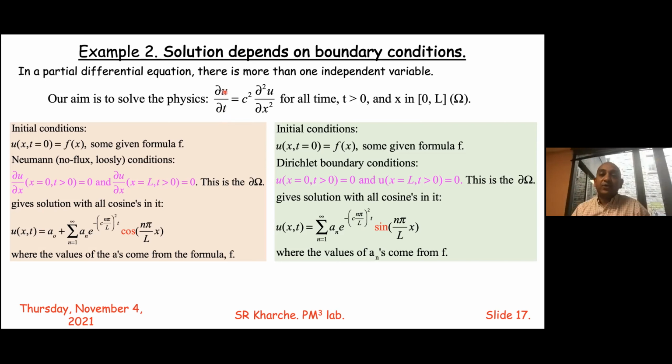One end is at 0 and the other end is at capital L. And we're interested in how temperature is distributed along this rod. And so the time derivative of the temperature is given by the average of temperature in close by locations. And that is the physics of how diffusion of heat might work.